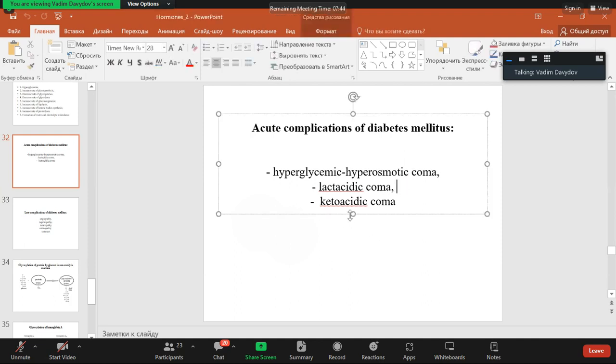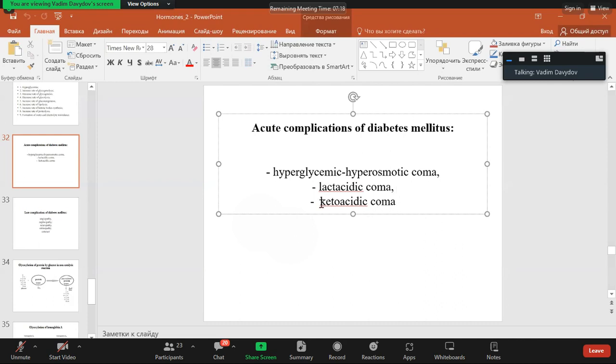Lactacidic coma is coupled with an increasing process of anaerobic glycolysis in the body of such a patient. And ketoacidic coma is coupled with increased biosynthesis of ketone bodies in the liver of such a patient.